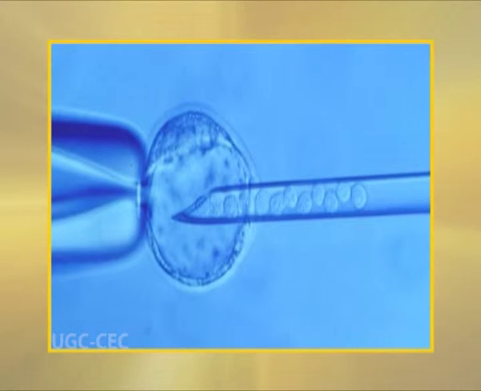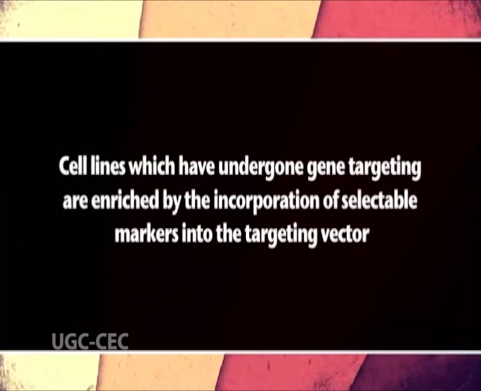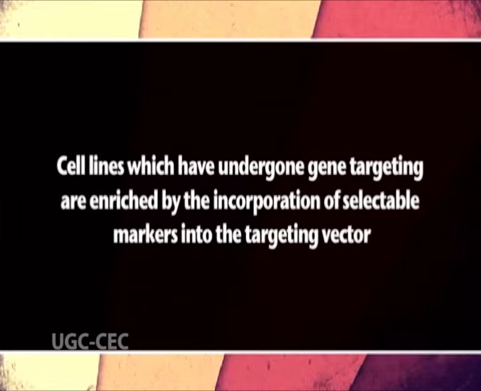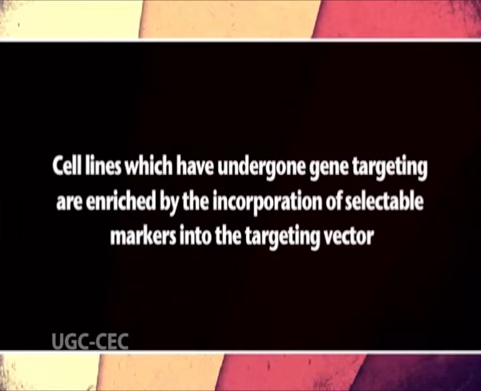Now let's discuss another part of today's lecture, that is designing targeting vectors. The generation of mutant mice by gene targeting takes advantage of the remarkable ability of embryonic stem cell lines to participate in the formation of germ cells of mice when the cells are put back into early embryos. Cell lines which have undergone gene targeting are enriched by the incorporation of selectable markers into the targeting vector.